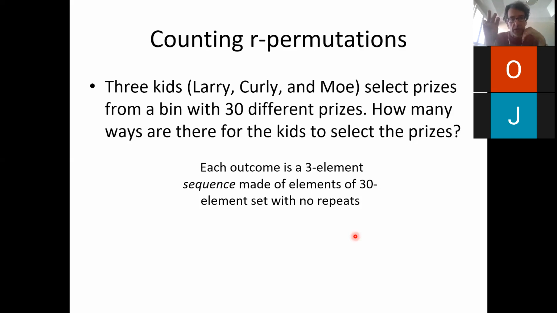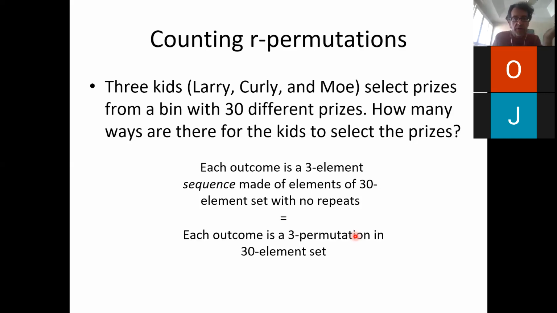So it's 3 characters. The first one is unconstrained. It can be anything from the set of 30. But once that prize is given, the second character is constrained. It cannot be the same as the first one because the same prize couldn't be gotten by 2 different kids.